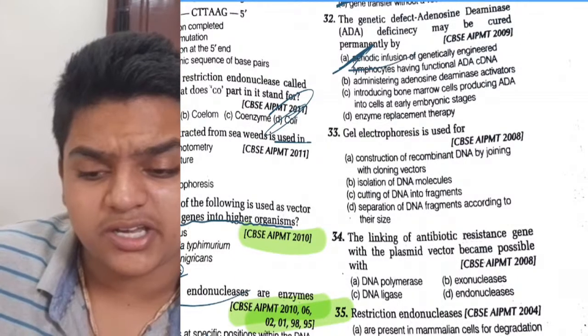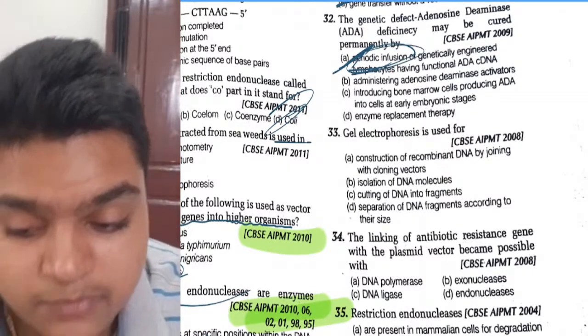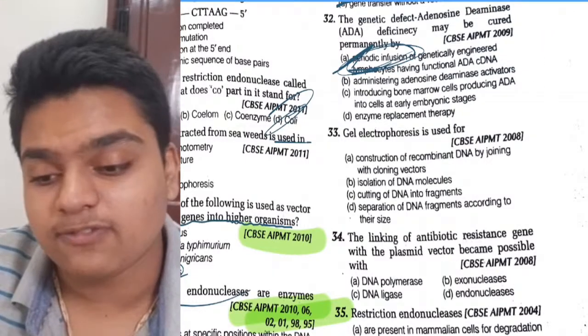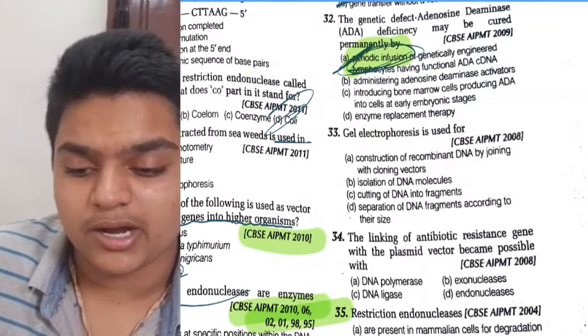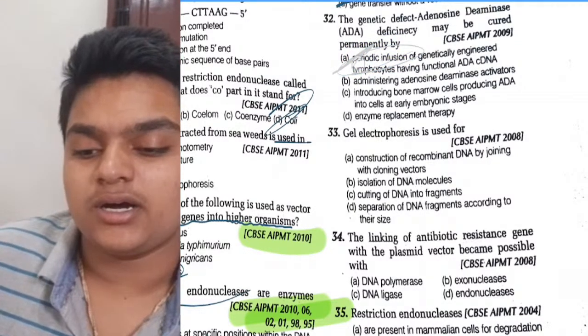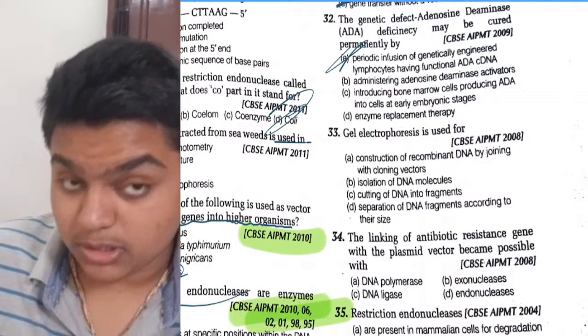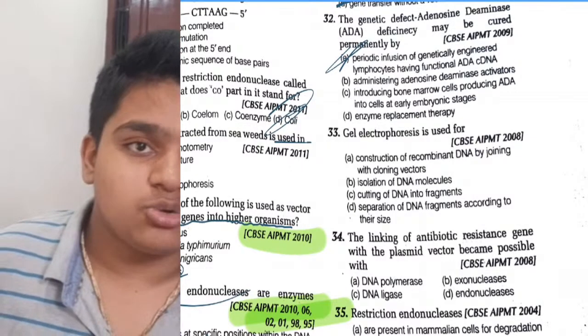It requires periodic infusion. They themselves told periodic infusions. So that is why this is your correct answer. You can go with it. If they hadn't mentioned this word periodic infusions, this would not be a correct answer, because I have already explained in the session. Go watch that session. I will not tell you now. My throat is drying. I am having a cold.